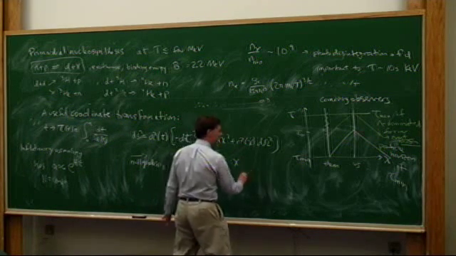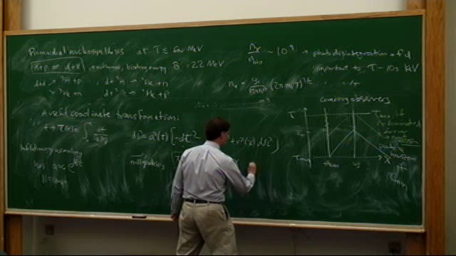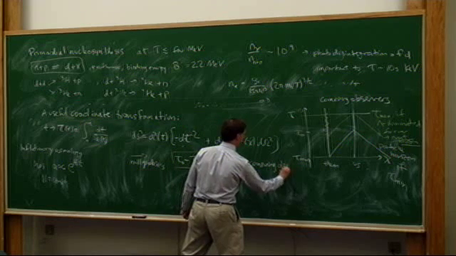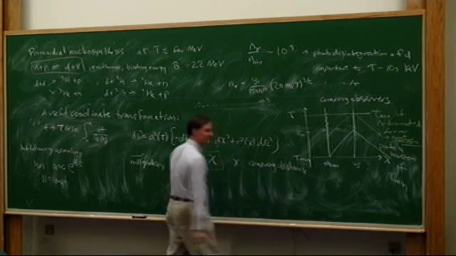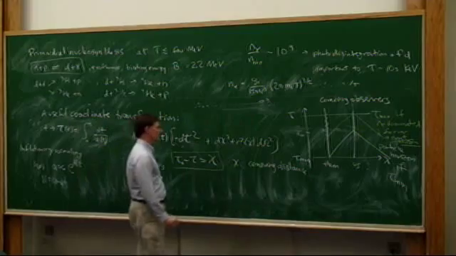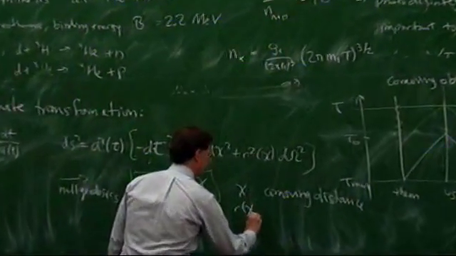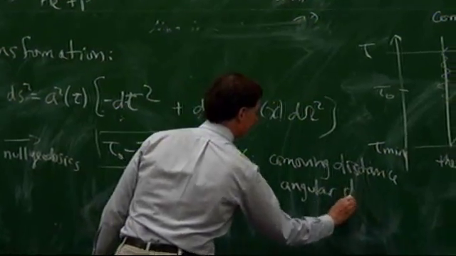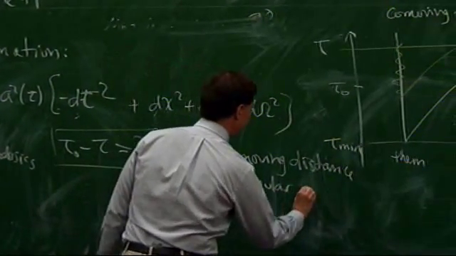Sometimes that's called the proper co-moving distance. It has many names. Sometimes it's called a proper distance, because it is a proper distance when A of t is 1 today. There's this R of chi, which is, of course, as I said, the angular, I hate to call it distance, it's an angular radius.